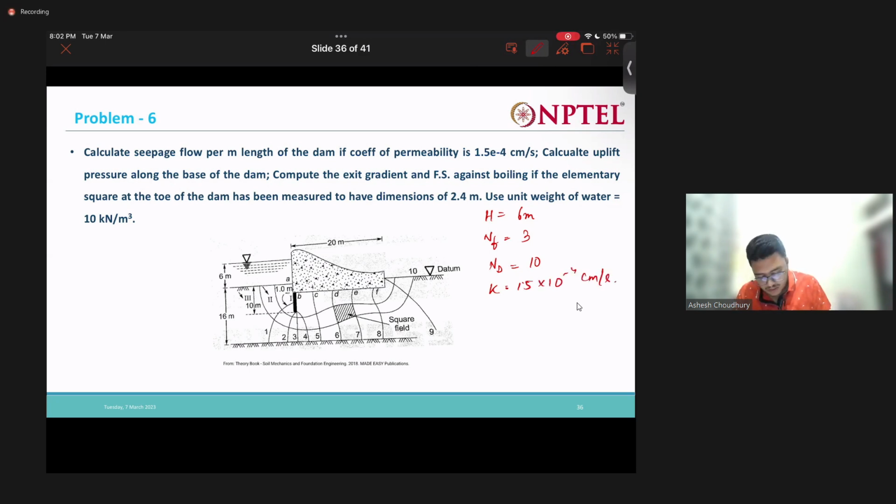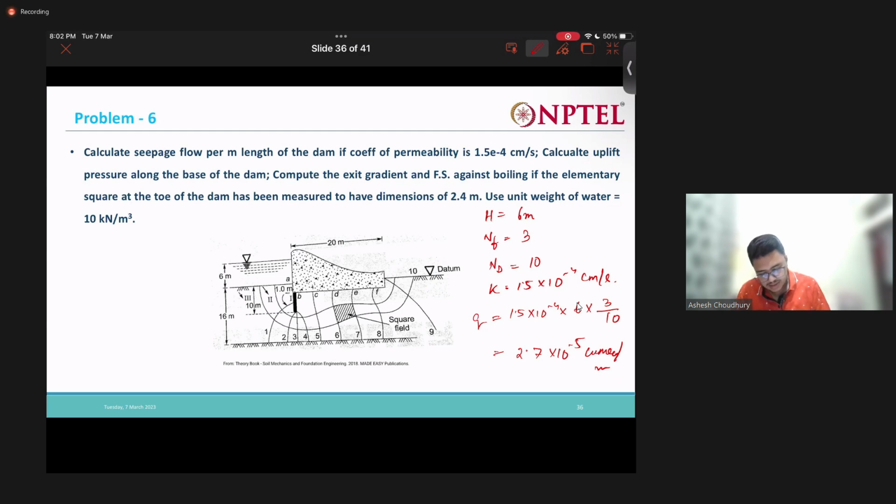So what will be the flow? If you put all the values and make the units consistent, it will be 2.7 into 10 to the power minus 5 cubic meters per second per meter length. Okay. Next is to calculate the uplift pressure along the base of the wall.